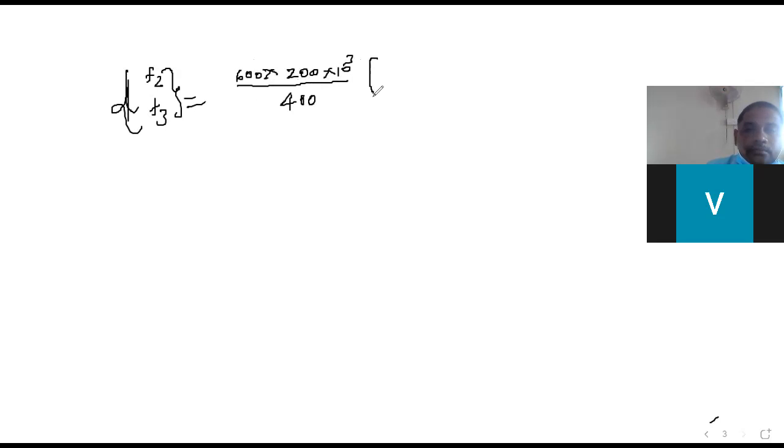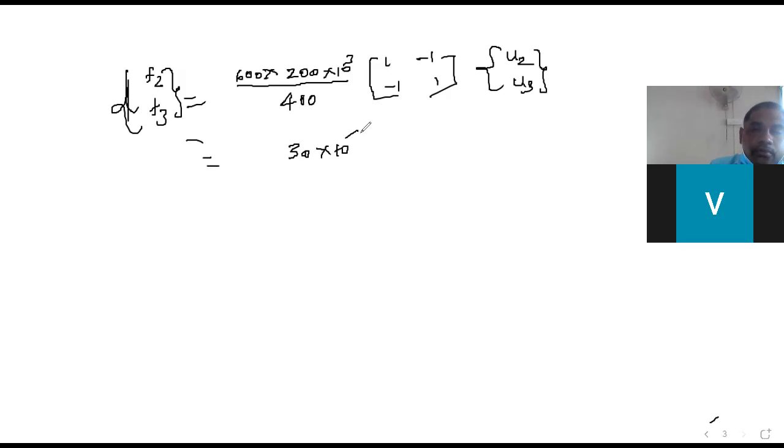And again the stiffness matrix [1 -1; -1 1] multiplied by U2 and U3. If we simplify further, you get 30 into 10 power 4 times [1 -1; -1 1] multiplied by U2 and U3.